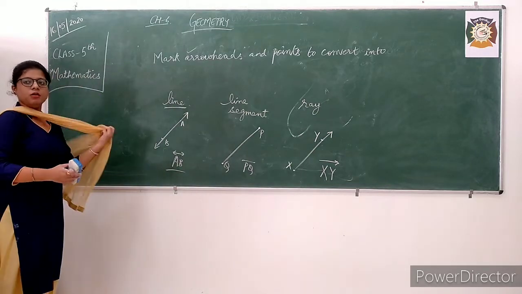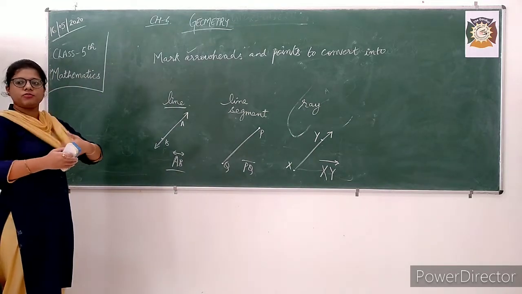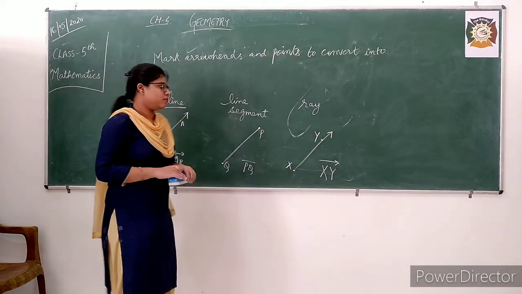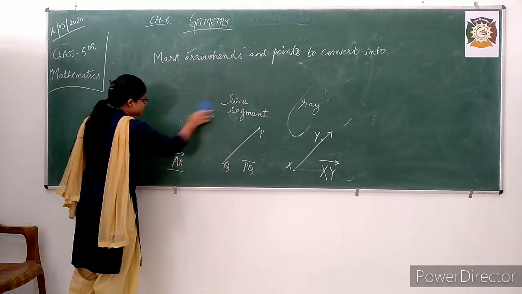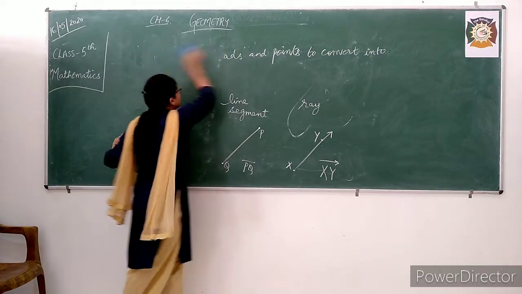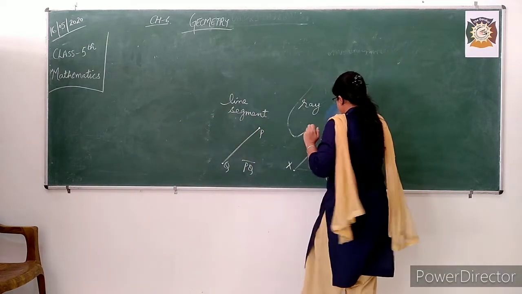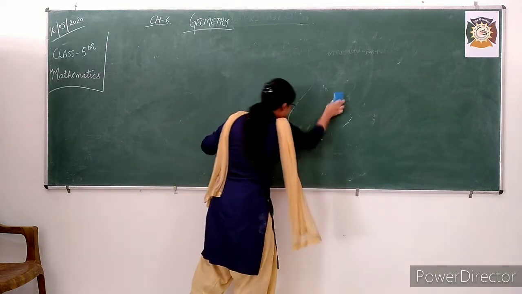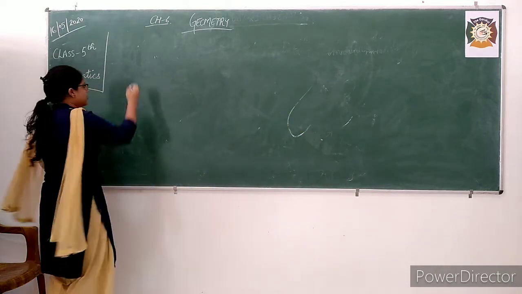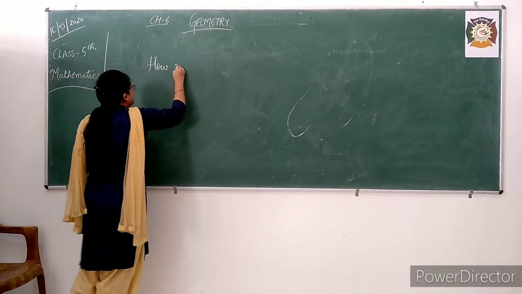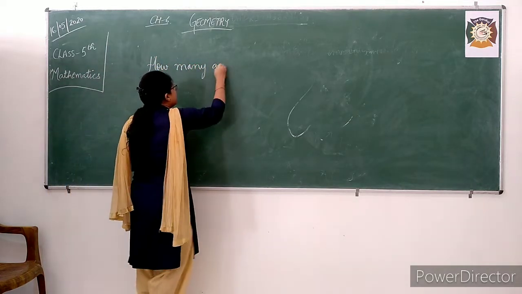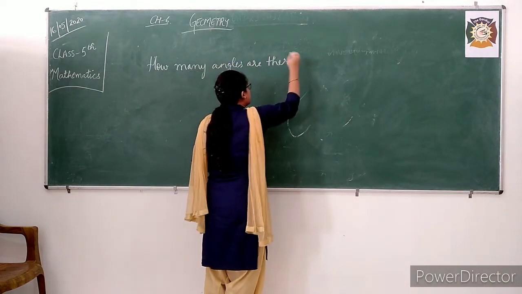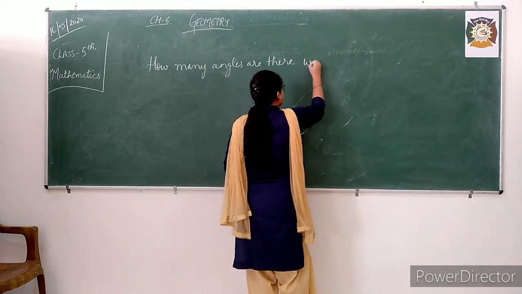Okay. Moving forward, next you are given three diagrams and you have to tell how many angles are there in the given diagrams. Let's do that. How many angles are there with O as vertex?